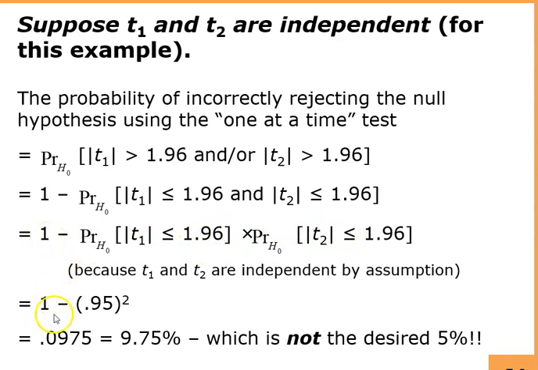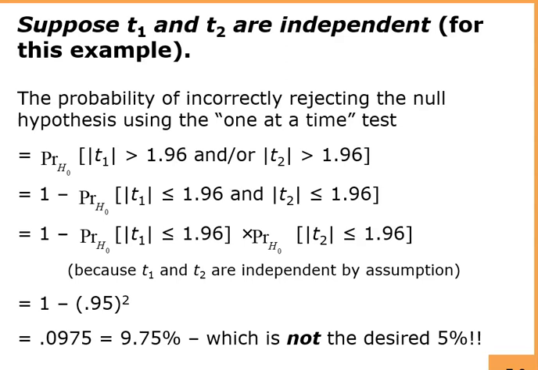So 1 minus 0.95 square, because 0.95 would be the probability of this event happening, and 0.95 would be the probability of this event happening. So 1 minus 0.95 square will give us the probability of incorrectly rejecting the null hypothesis.